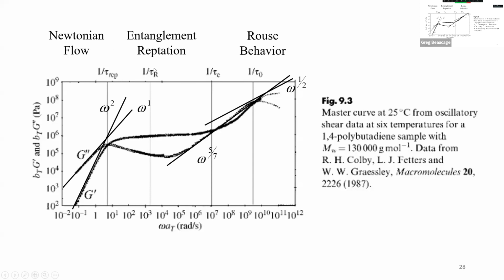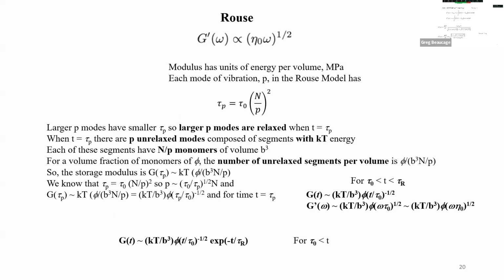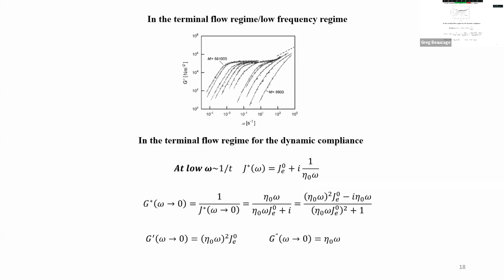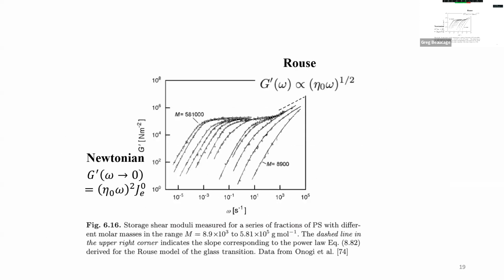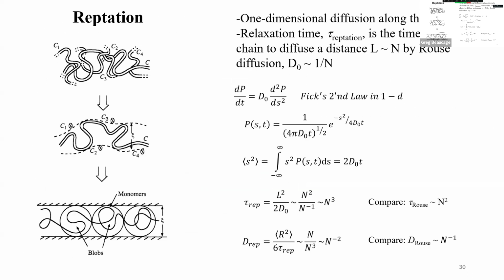Is the Rouse model and the reptation model, like with de Gennes, the snake-like, the same? Yeah. The reptation model relies on the Rouse model. So it has Rouse behavior within the tube.